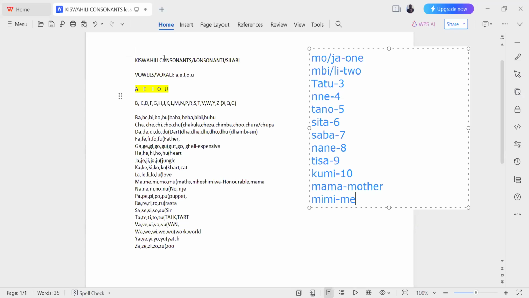Or a D without an A, or a D without an E, or a D without an O, or a D without a U cannot make a syllable. So we move from a vowel and a consonant as the first foundation to understand the syllable. If you combine them, you build a syllable. Now the syllable becomes the foundation of any word or any sentence.